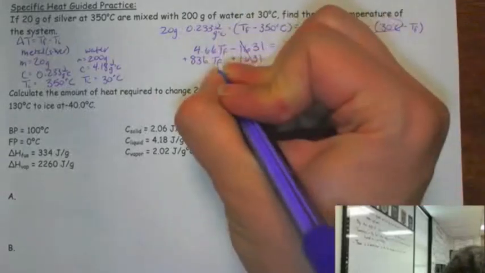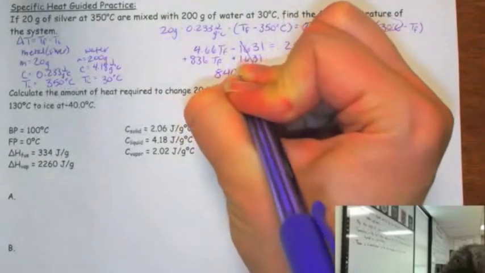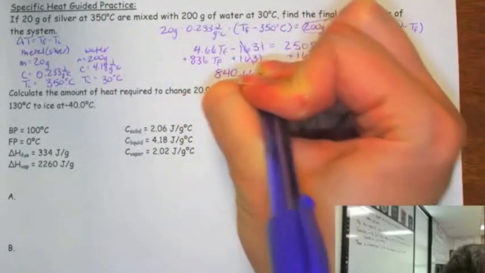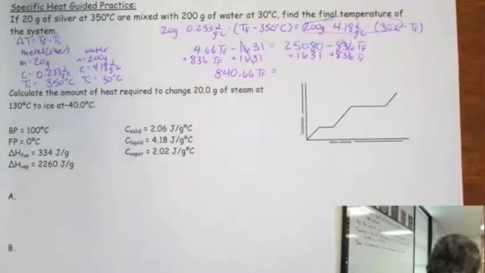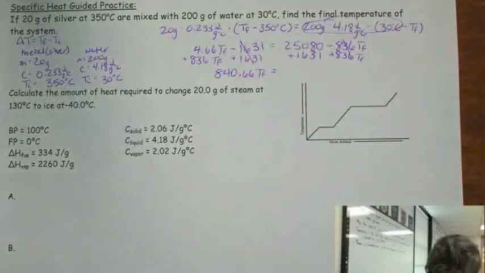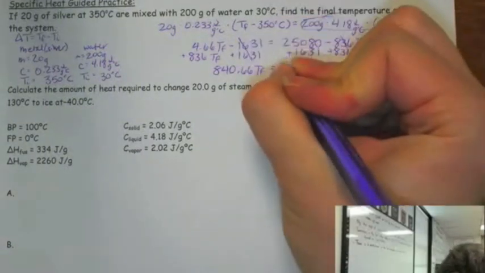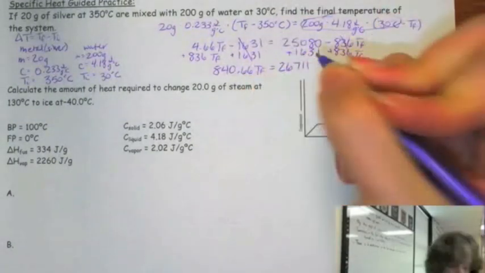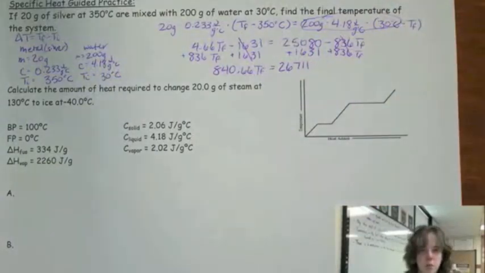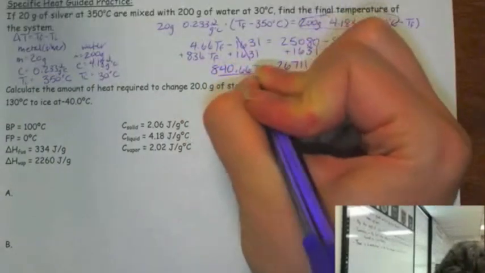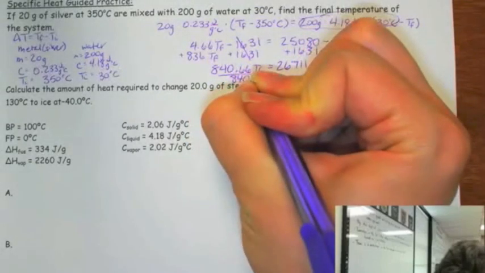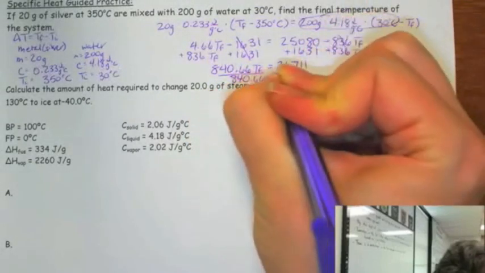So we have 840.66 TF equals 25080 plus 1631. That's going to be 26711. And to get TF by itself, because we've got 840 times TF, we're going to divide on both sides.